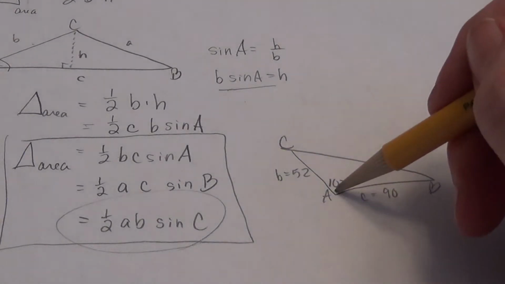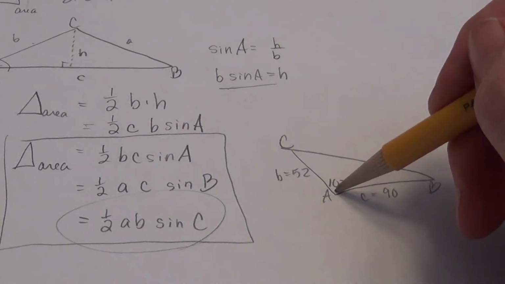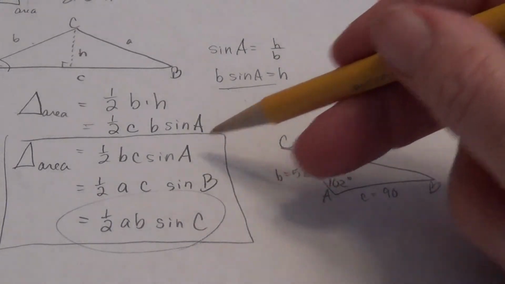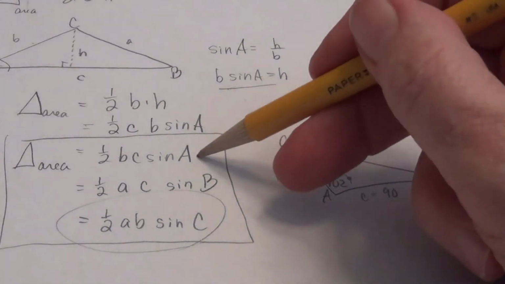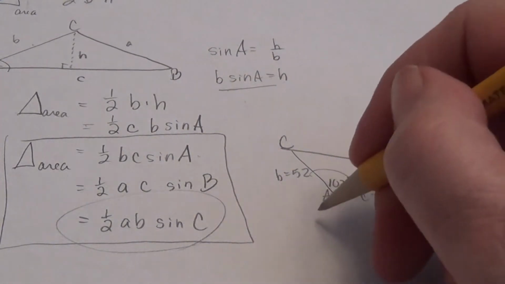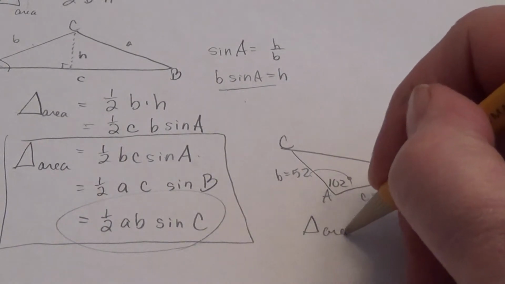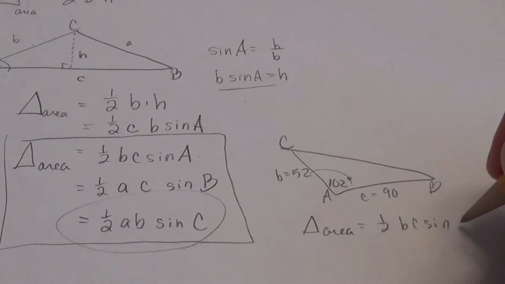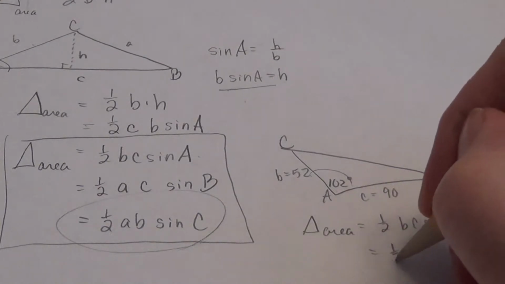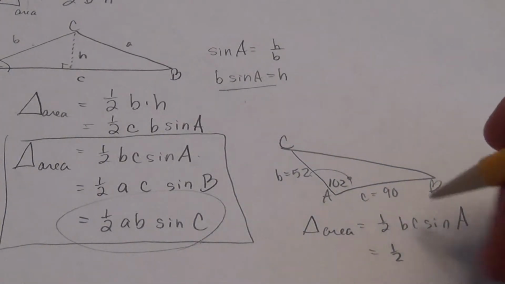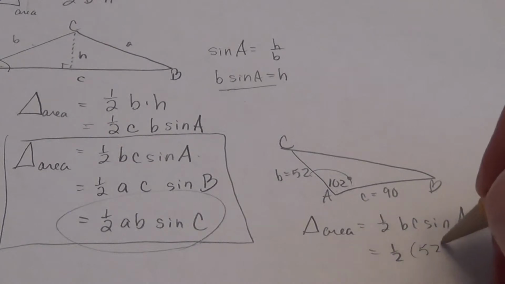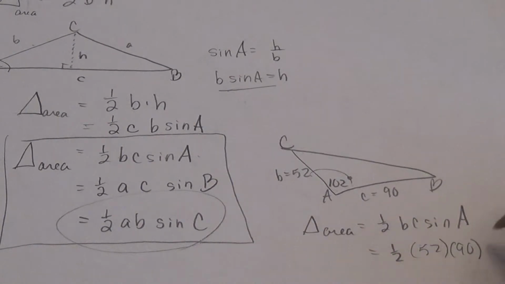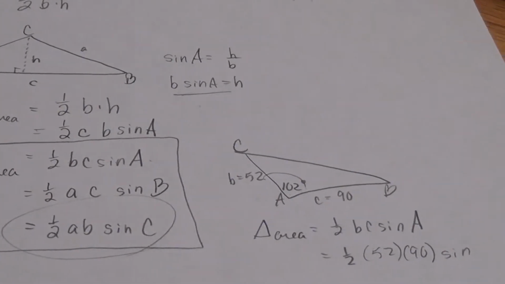So since I know angle A, I'm going to use the one with sine of A in it. So I'm going to have area of a triangle equals 1/2 BC sine A. So nothing to it. Put in the B is 52, and the C is 90, and the A is 102.